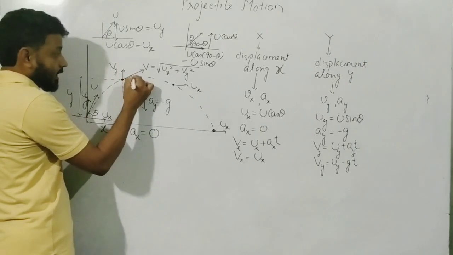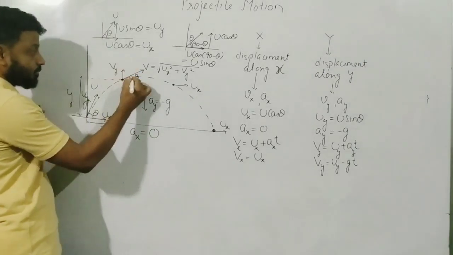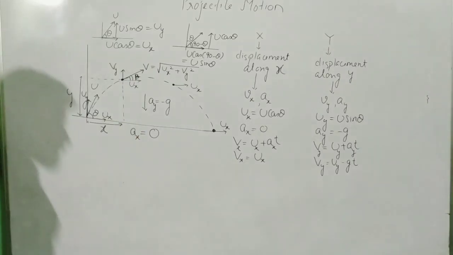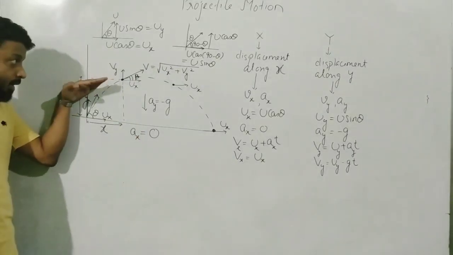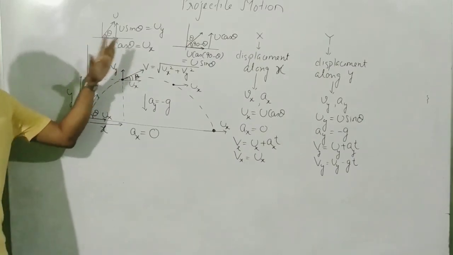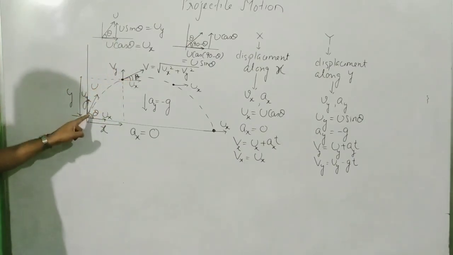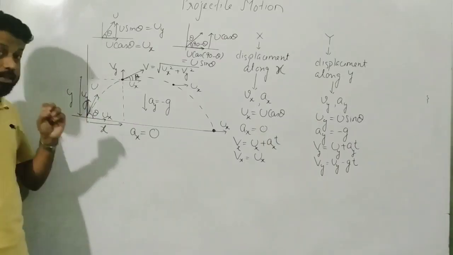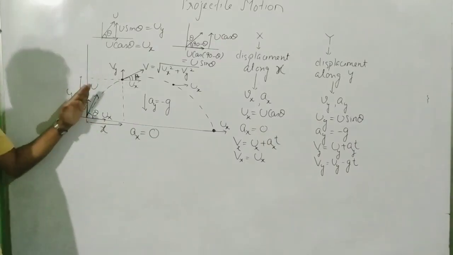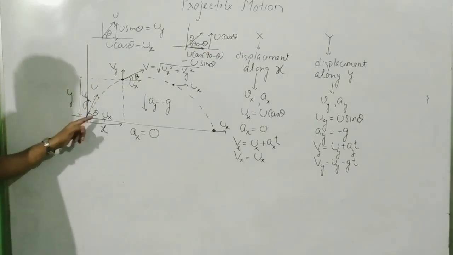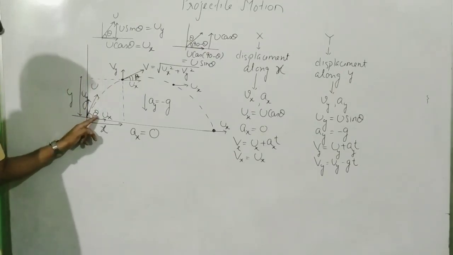Now this angle is called beta. What is beta? Beta is the angle made by the velocity vector at a certain height after a certain time. This beta and this theta are not the same. This theta, again I will remind you, is the initial angle, the angle the velocity makes with the horizontal, that is called the initial angle of projection.